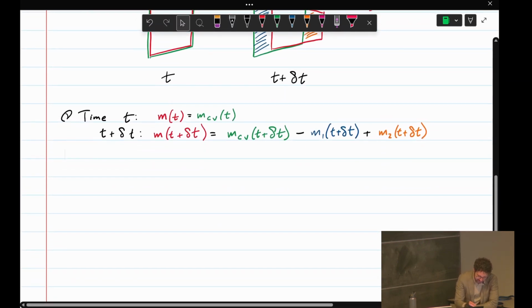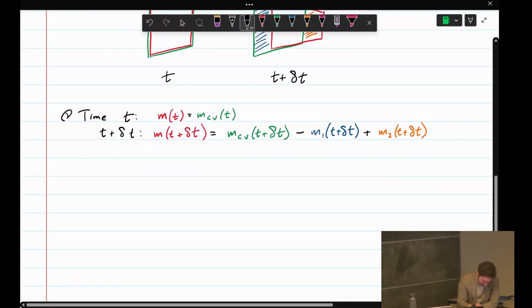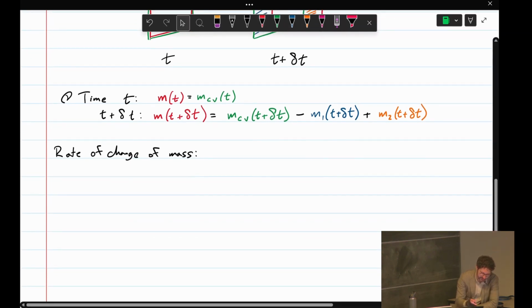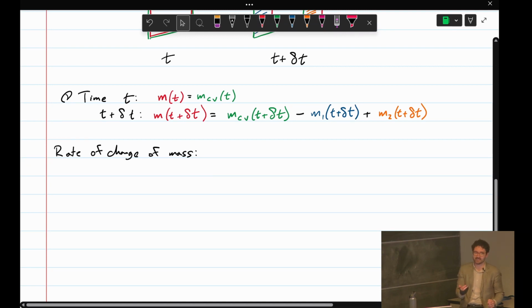So let's now calculate the rate of change. So the rate of change here is we're going to do basically delta m over delta t.